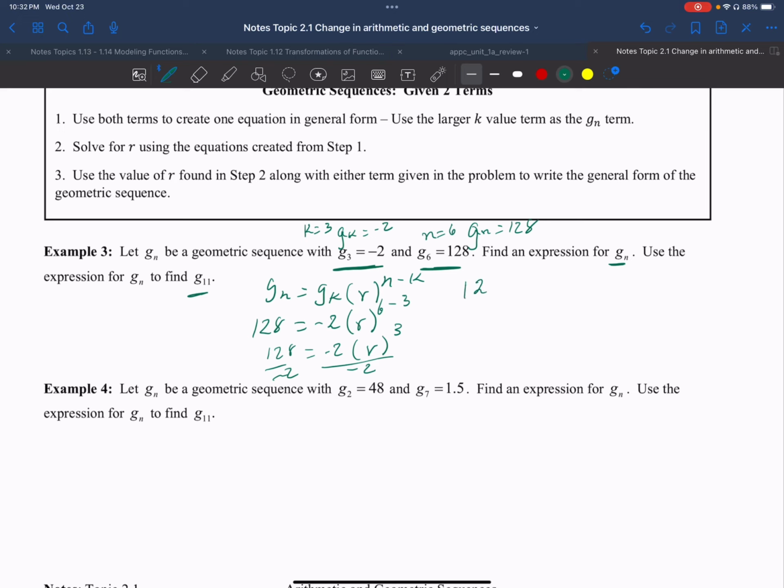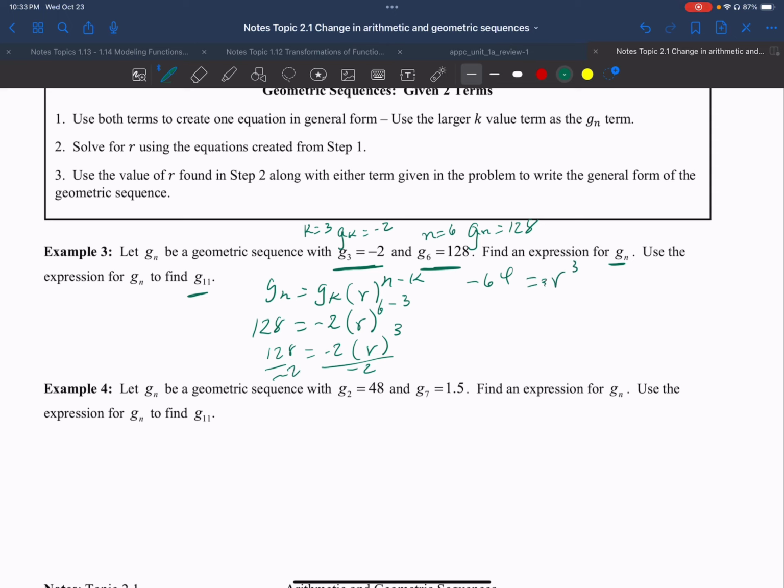So 128 divided by -2 is -64, equal to r cubed.